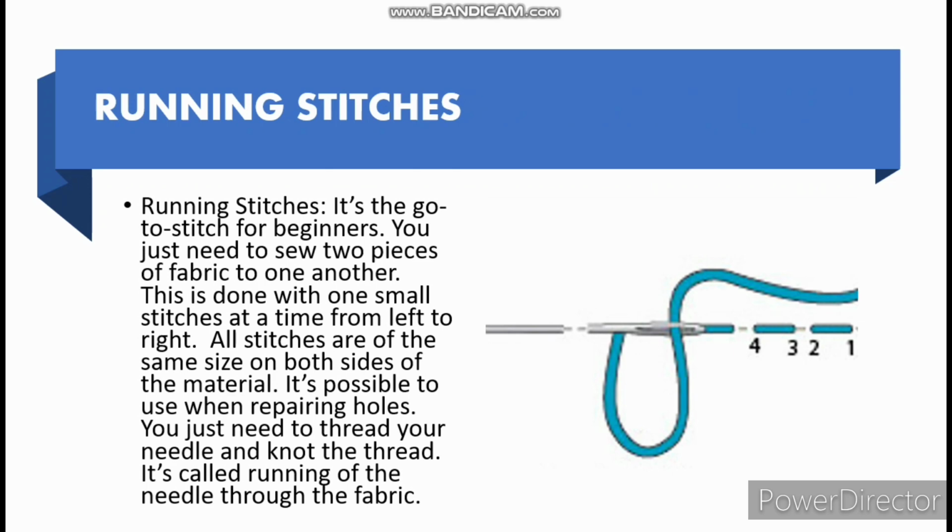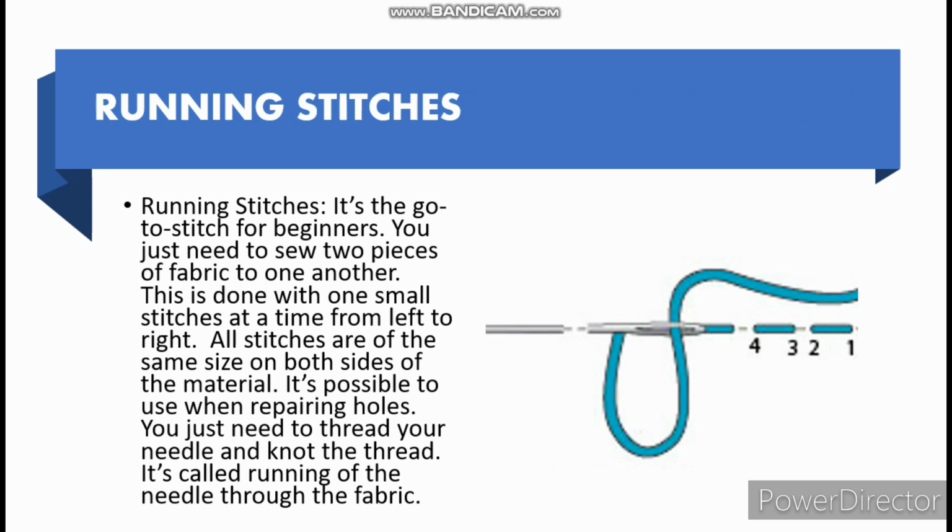Running stitches. Running stitches is the most basic stitch. It is the go-to stitch for the beginner. It is the one that is easy for every beginner to start with.